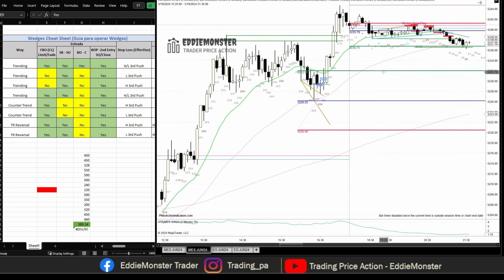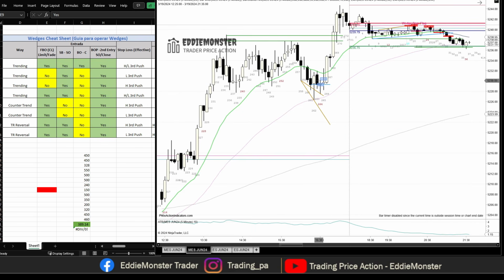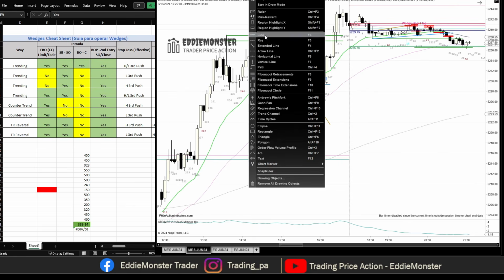Okay, so that area will be the target. So your initial stop will be here, but then when you have this signal bar and this follow through in this 266, then you set your stop below the signal bar here.